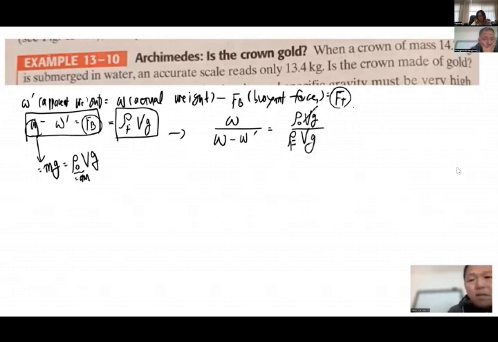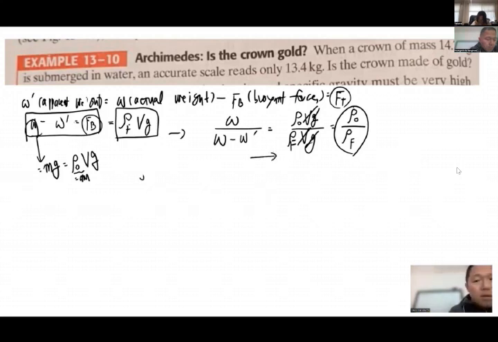Here V and g all cancel out from the numerator and denominator, which only leaves rho naught and rho F, the density ratio between the two different materials. So if you compare the weights of these two measured values, it will provide the density of the material too.